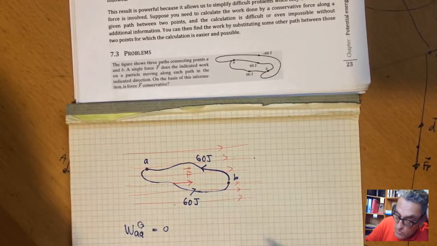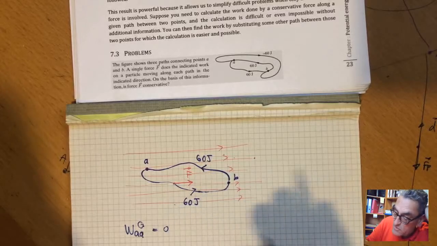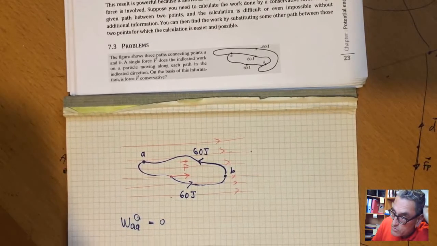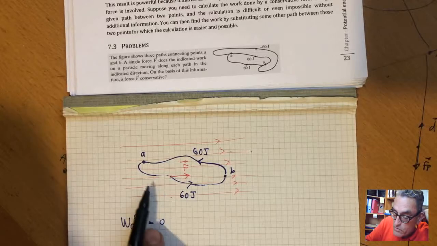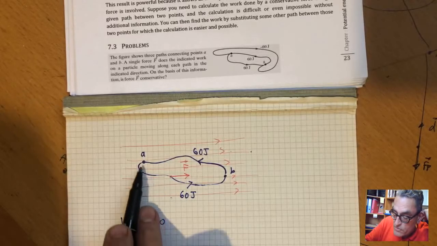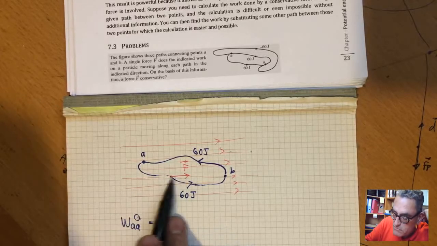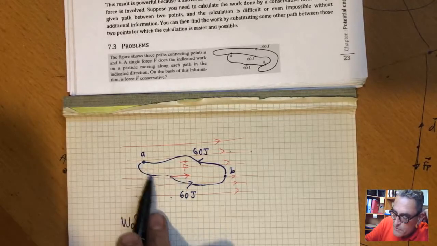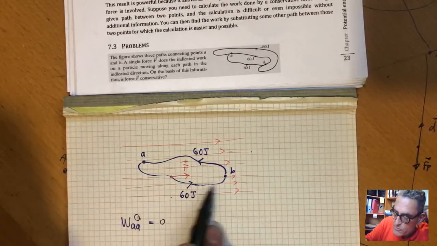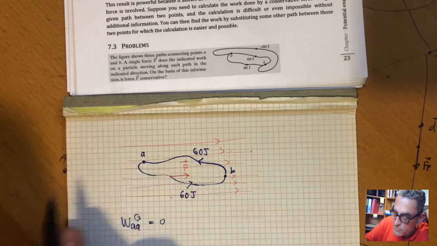Is it 0 here? No, it's not 0. Here it's 60 plus 60, which is 120. So this force is obviously non-conservative, and it could very well be a friction force, for instance, because you take as much energy to go there as you take to come back.